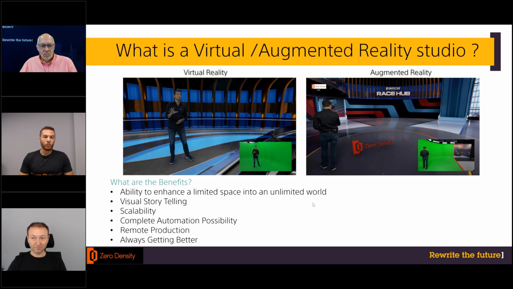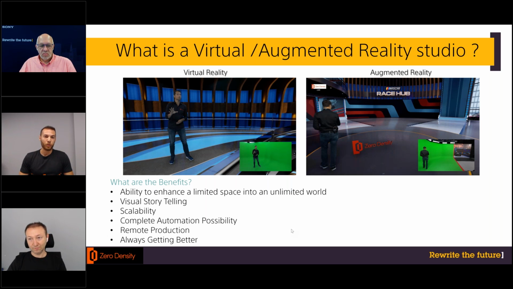And on top of that, it provides you the ability of visual storytelling. In augmented reality or virtual reality, we are able to have animations and characters which are completely impossible in the real world, or which are too expensive in the real world.